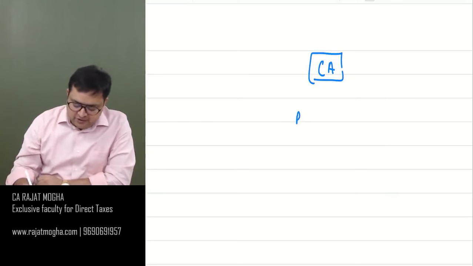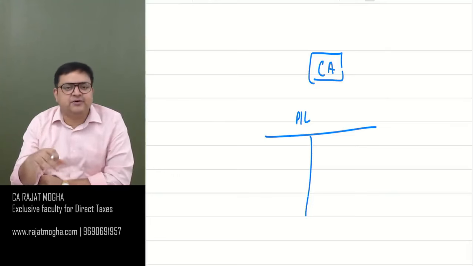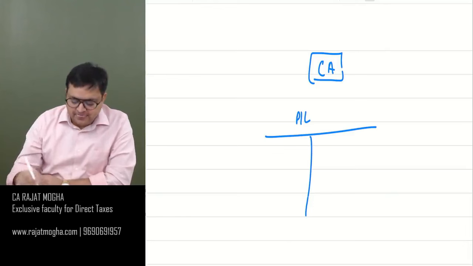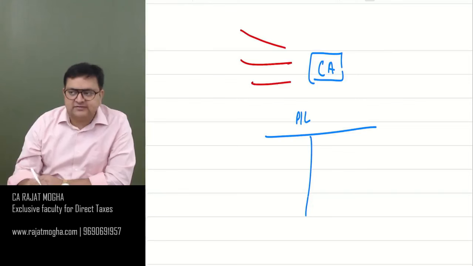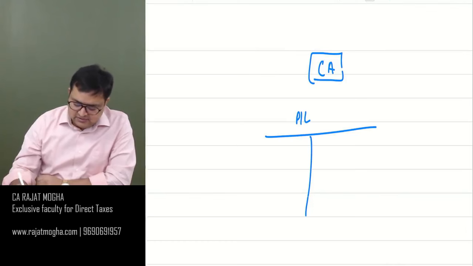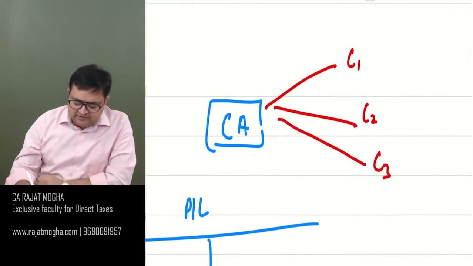So you would be making your P&L account or income and expenditure account. You have a CA firm and it's your CA firm P&L account. Guys, you give services to various clients. Client number 1, client number 2, client number 3. Let's say to client number 1, you have given the services of 10 lakh.